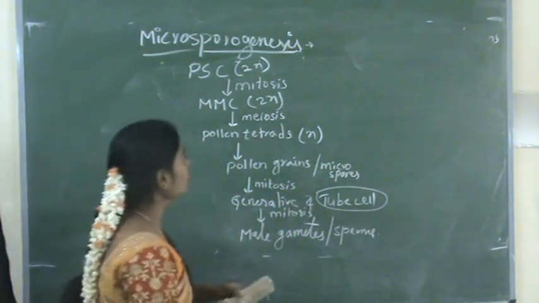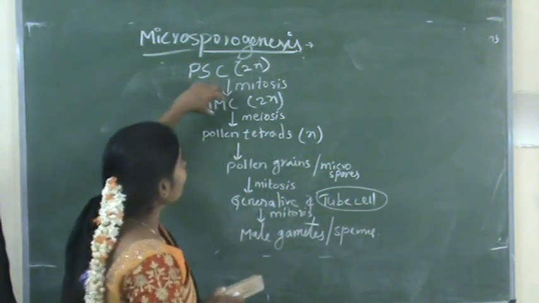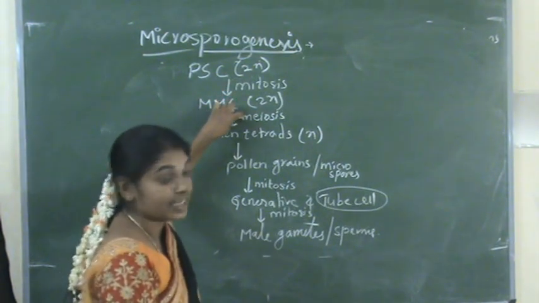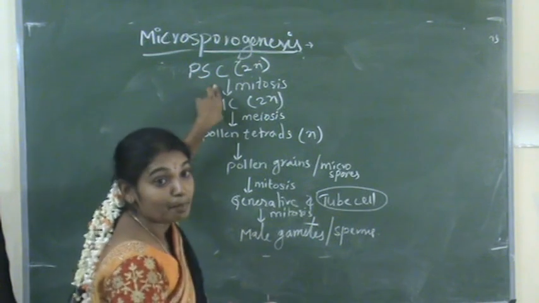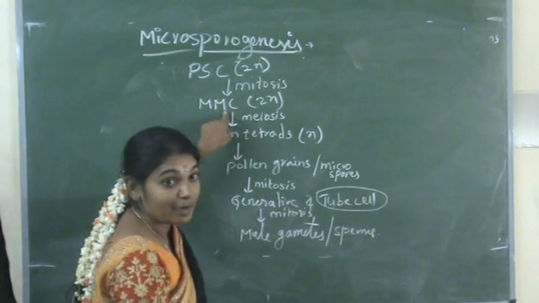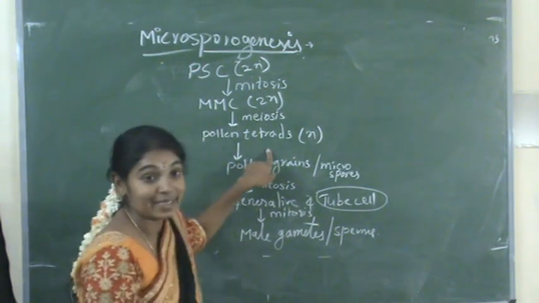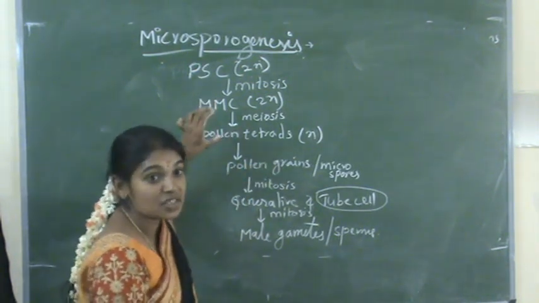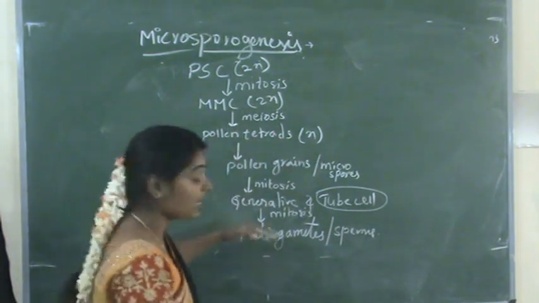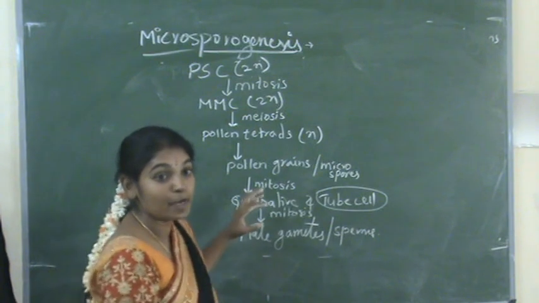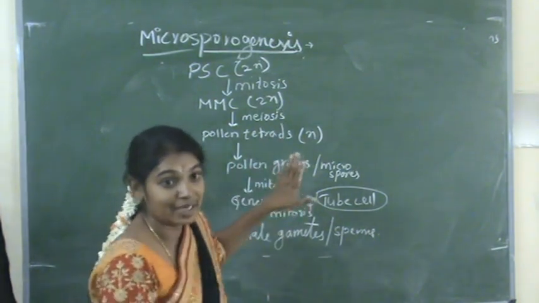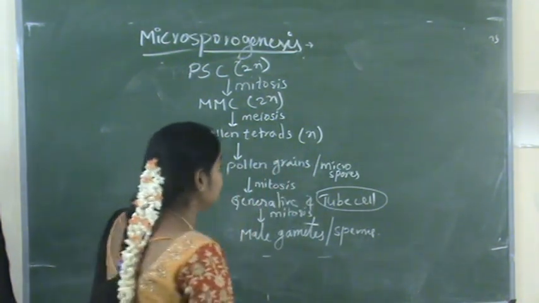Here we have to notice one thing: only once does a meiotic division take place, that is when the microspore mother cell forms the pollen tetrads. At this stage only, meiotic cell division takes place, and in the remaining all, the same number of chromosomes is maintained, as mitotic cell division takes place.